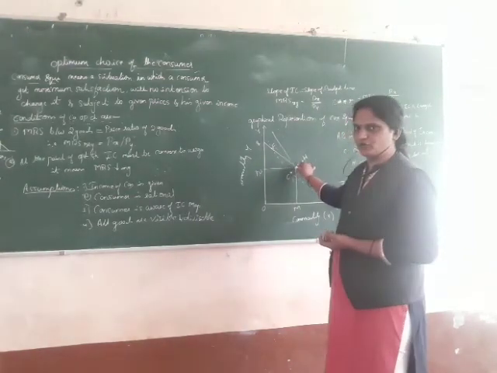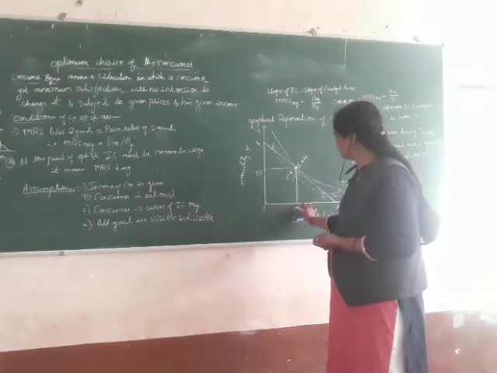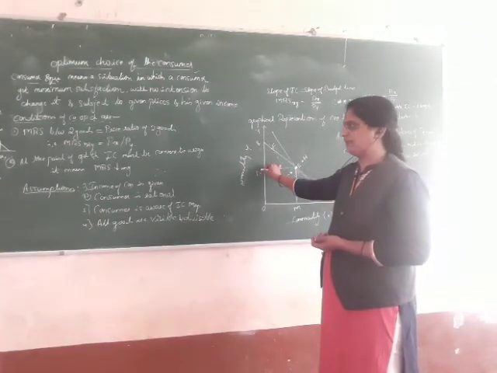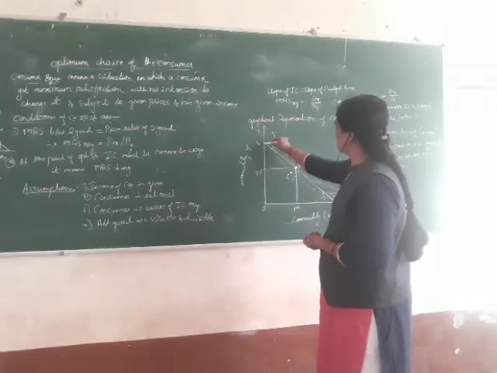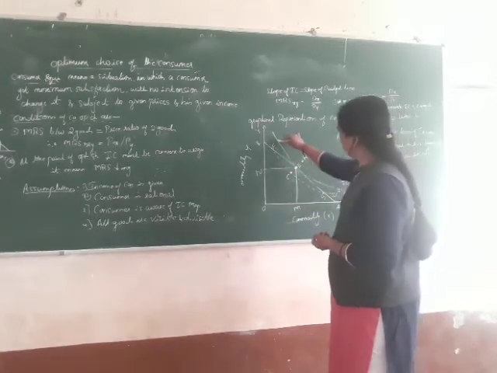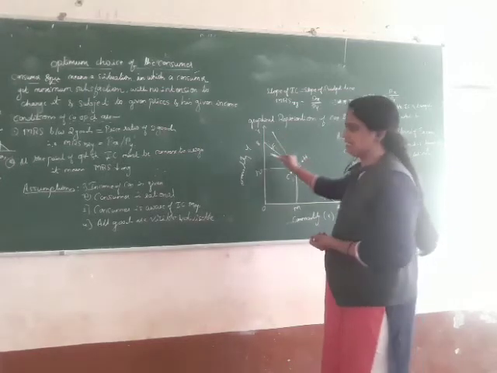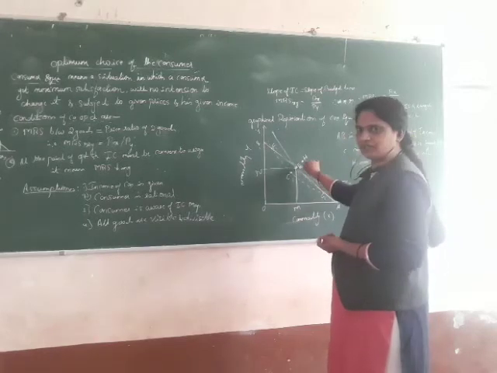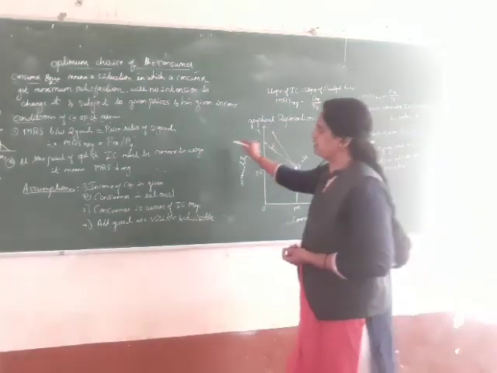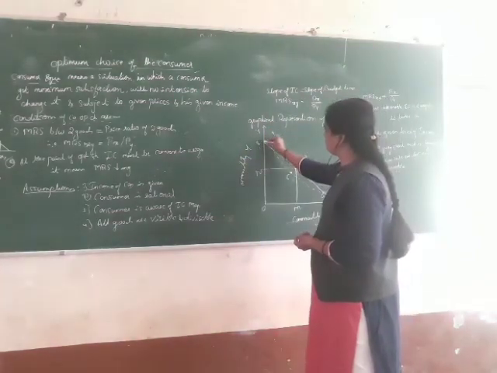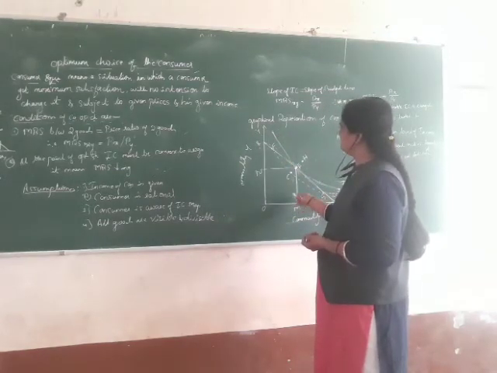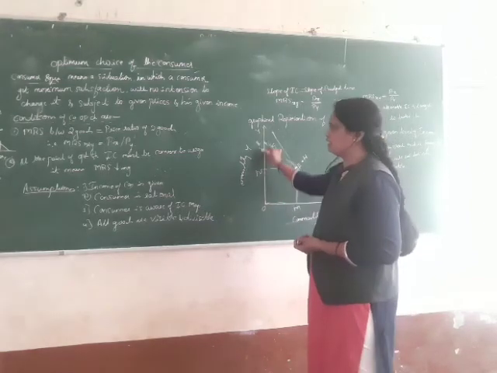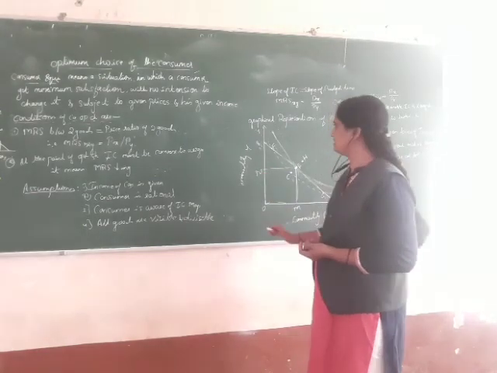At this point E, the consumer is consuming OM of commodity X and ON of commodity Y. Not only this, at point E the slope of the IC curve, that is IC2, is equal to the slope of the budget line AB. This means the first condition is fulfilled: the marginal rate of substitution of X is equal to the price ratio, the price of X and the price of Y.